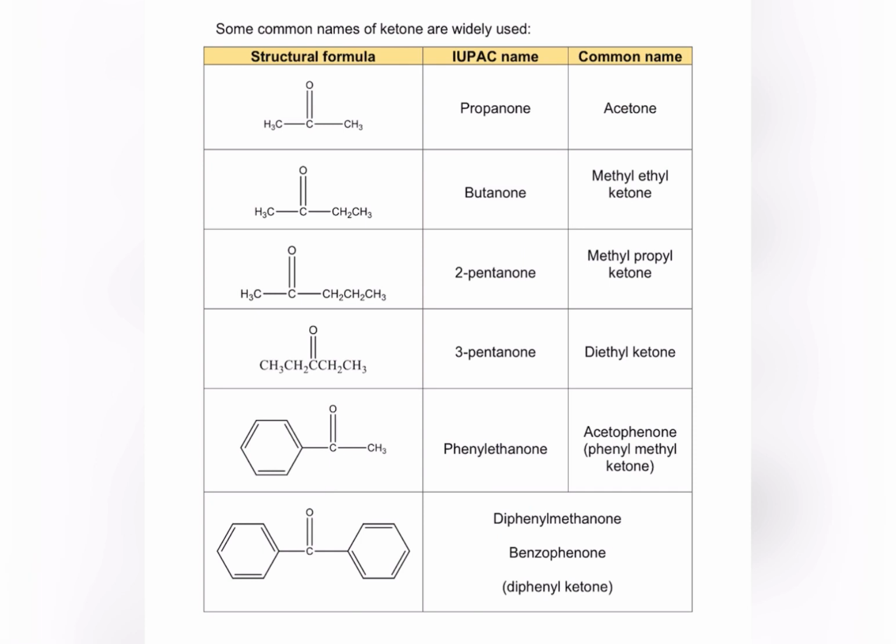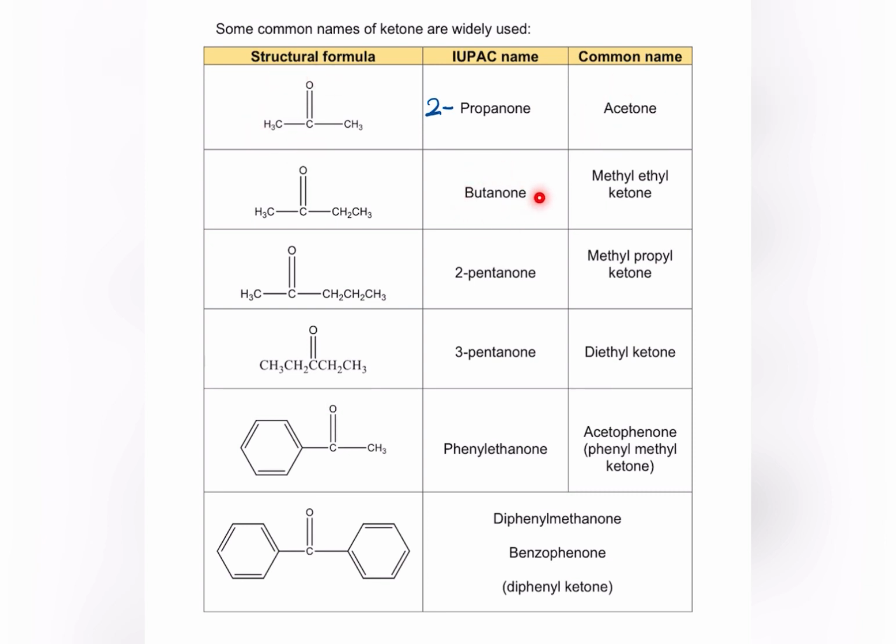For your information, there are a few common names for ketone as well. You got this one, 3 carbon chain, and the IUPAC name, please do a correction here. The name will be 2-propanone because you have to indicate. And what's next? The common name for this structure can be acetone.